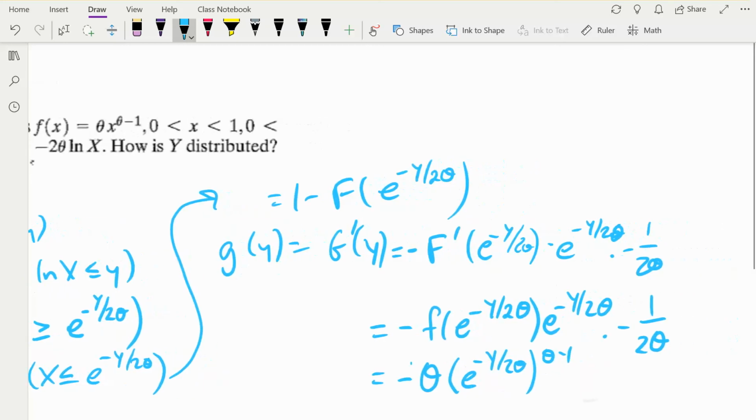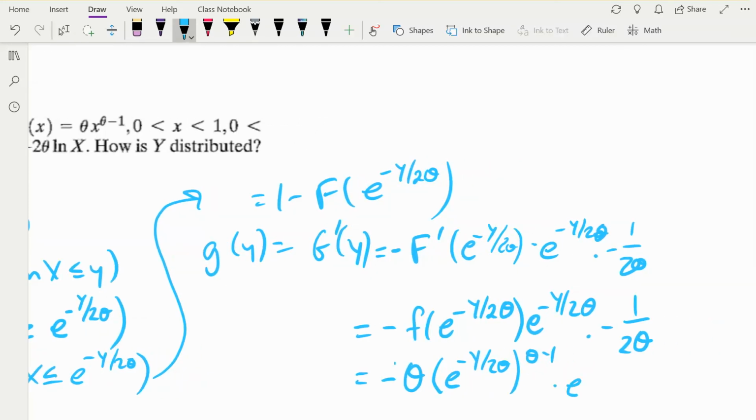And then times e to the minus y over 2 theta times negative 1 over 2 theta. Oh, wait, we don't distribute to the 1? Is it okay to just get rid of the two negatives? Yep. Make it positive? Okay, I'm going to simplify this a lot here in a second.